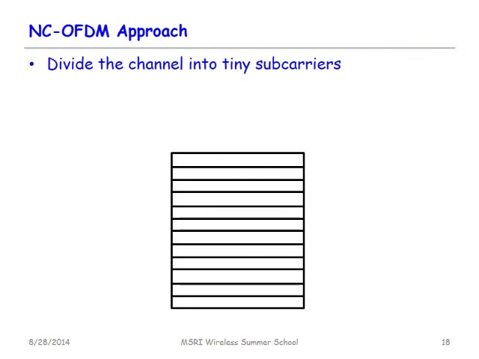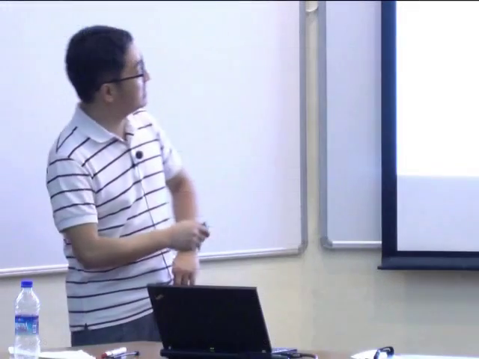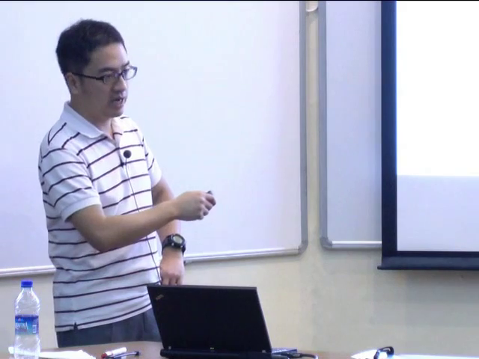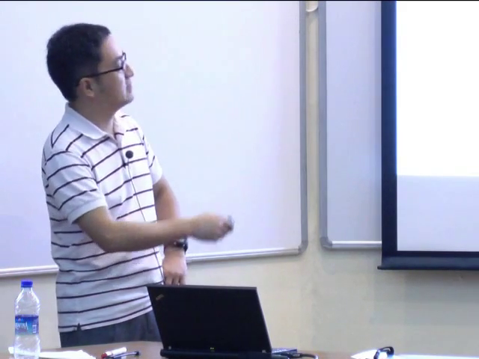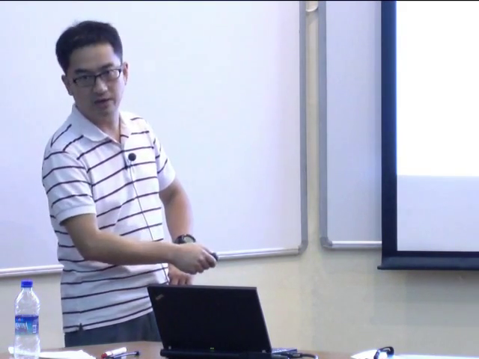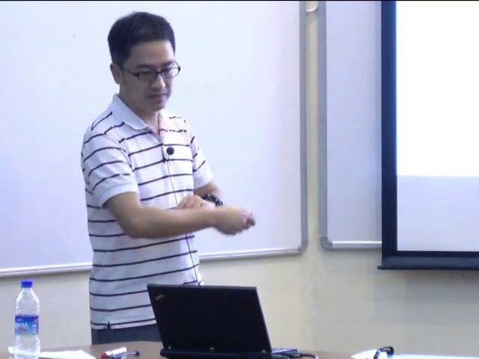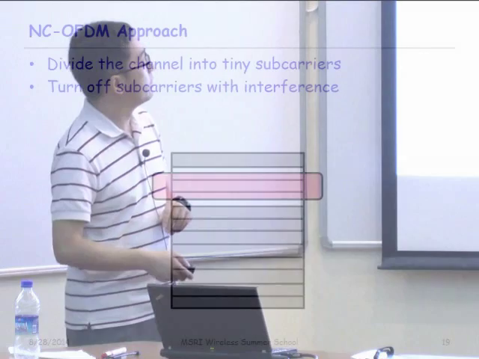So one way to do this is the non-contiguous OFDM approach. The idea of NC-OFDM is to divide the whole channel into very, very narrow subcarriers. So now we have a number of subcarriers.